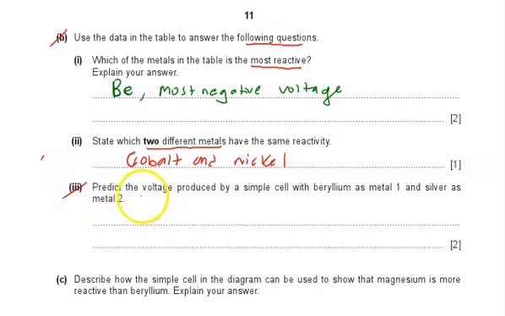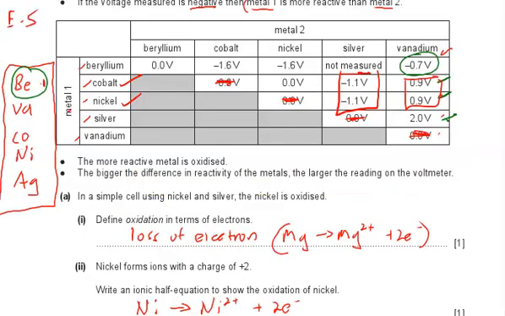Third one, predict the voltage produced by a simple cell with beryllium as metal 1 and silver as metal 2. So we go back to the question. Here this is metal 1 and this one is metal 2.